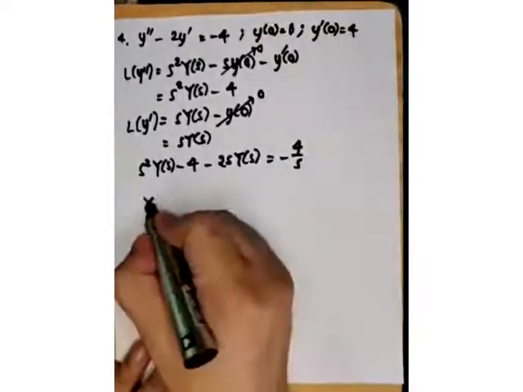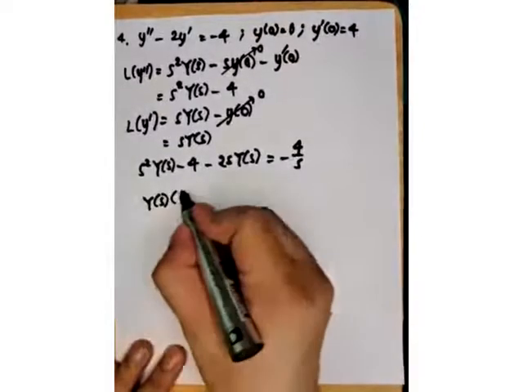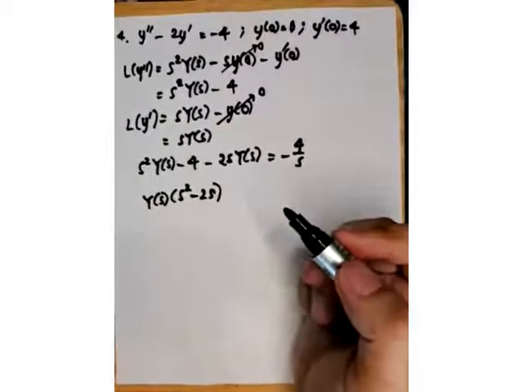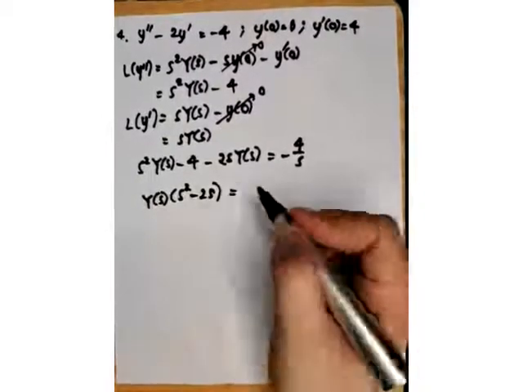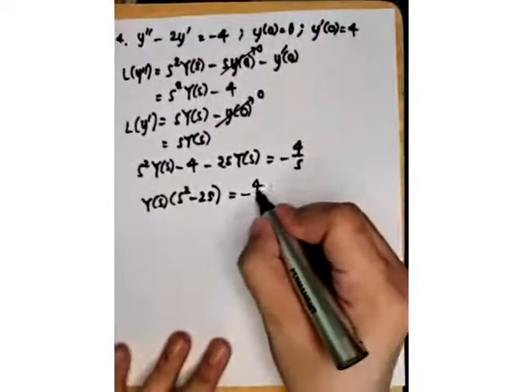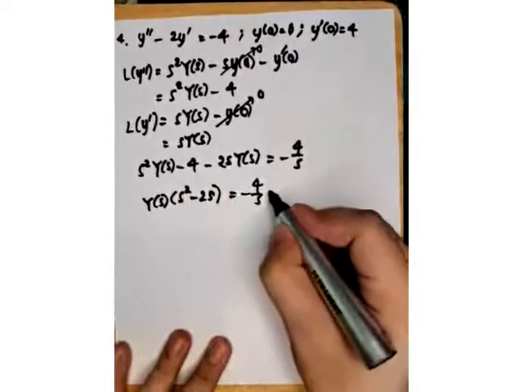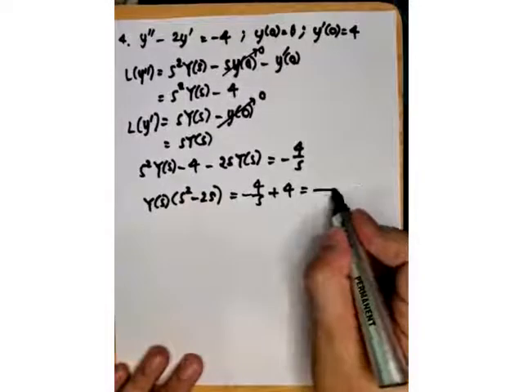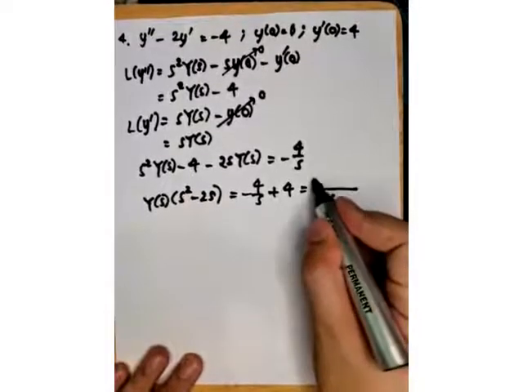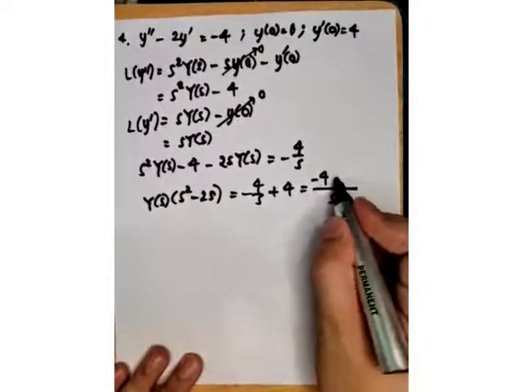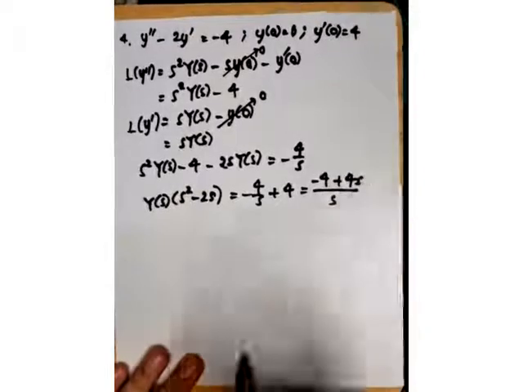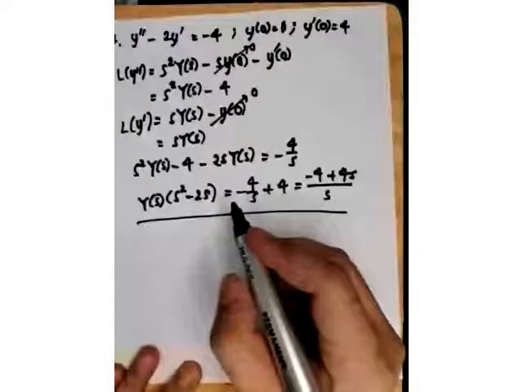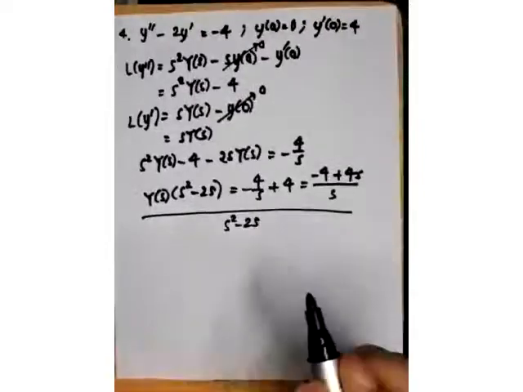Okay, factor out the Y of s. So that's equal to s squared minus 2s, which is equal to negative 4 over s. So transpose the 4, it becomes positive 4. So let's add this: it becomes s times negative 4 plus 4s, and then we divide by s squared minus 2s.